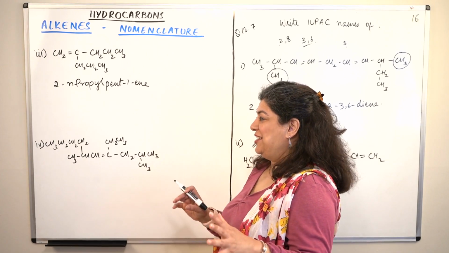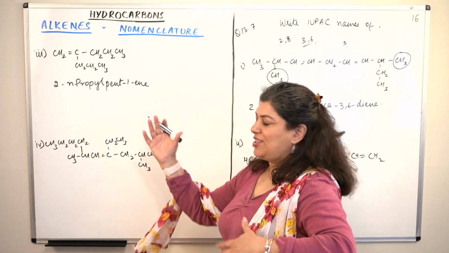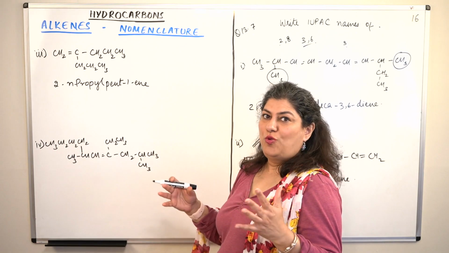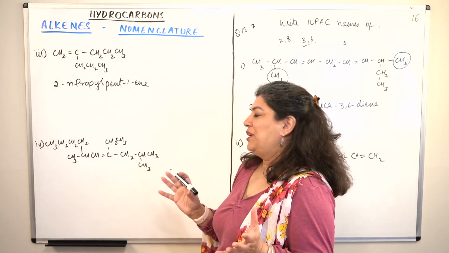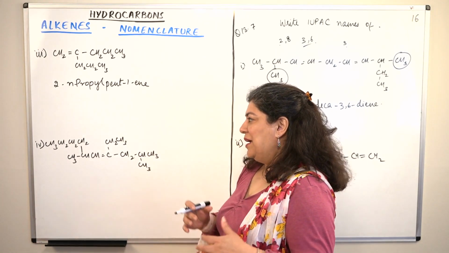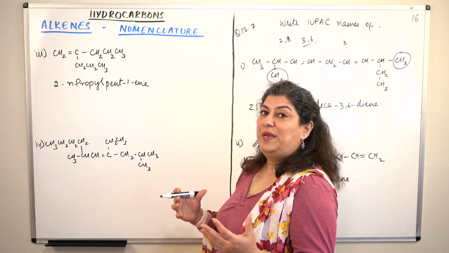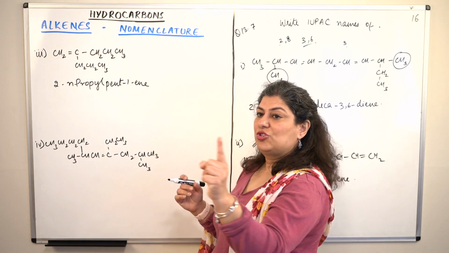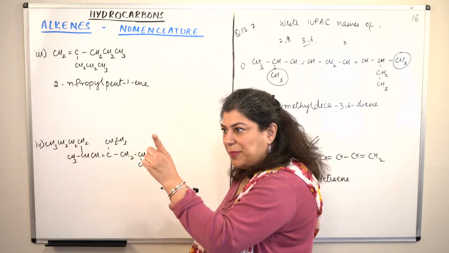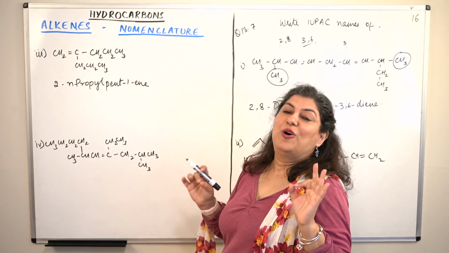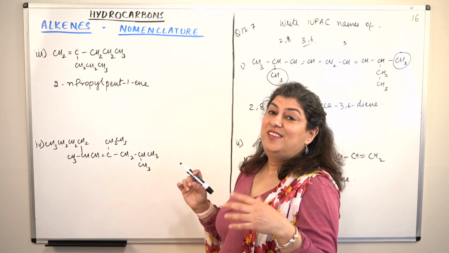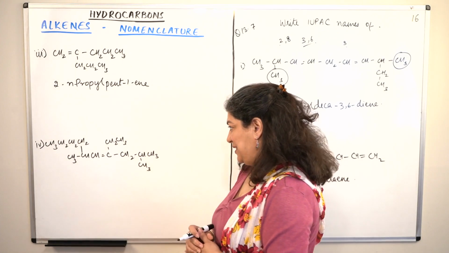Now come to the last part. This is again given branches and stuff just to get you off guard, to make you feel that it's very tough. But your job remains the same. Whether you go straight like this or go down like a serpent, you have to choose the longest chain, which has the ene and the functional groups in it.